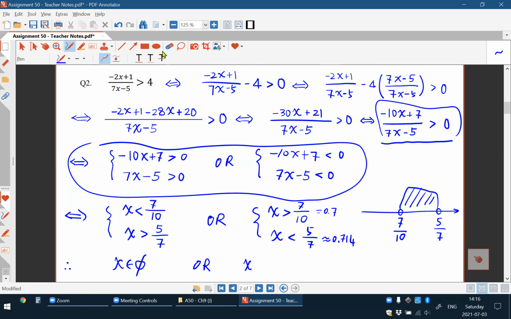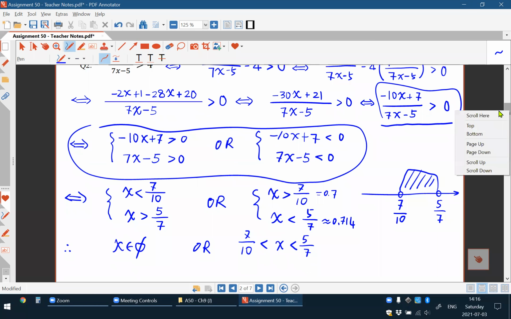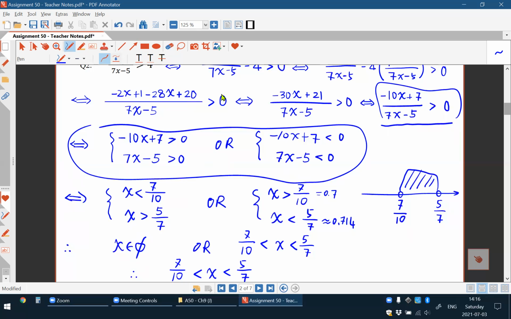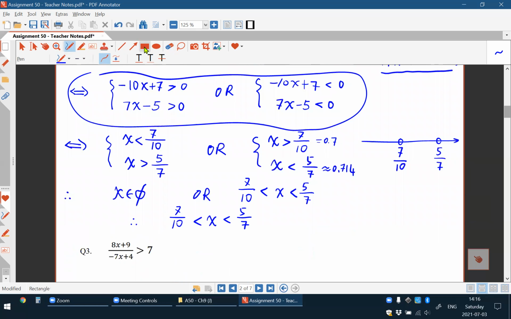So the final solution is either x belongs to an empty set or x is within 7/10 and 5/7. So what is the final result? By considering both of the cases, the final result is x should be larger than 7/10 and smaller than 5/7, right? This is our final solution.